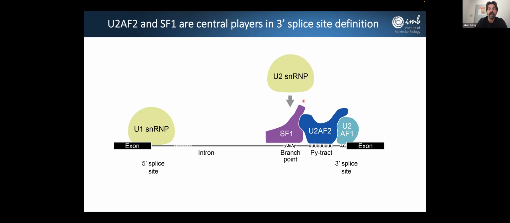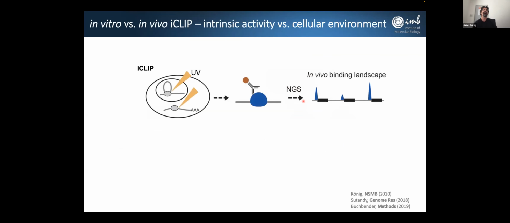As Steffi mentioned, in our group we are doing a lot of genome-wide mappings of protein-RNA interactions to study this process. One of the approaches that we are heavily using for this in the lab is iCLIP, which allows us to obtain binding sites transcriptome-wide of a protein in vivo.